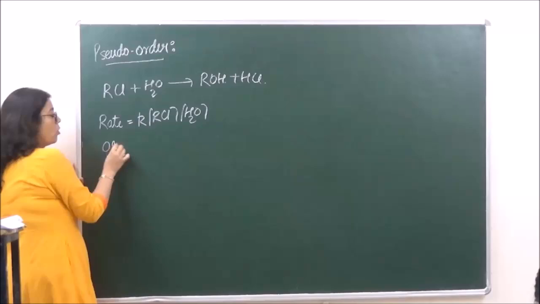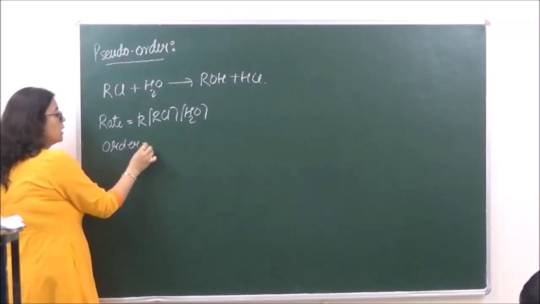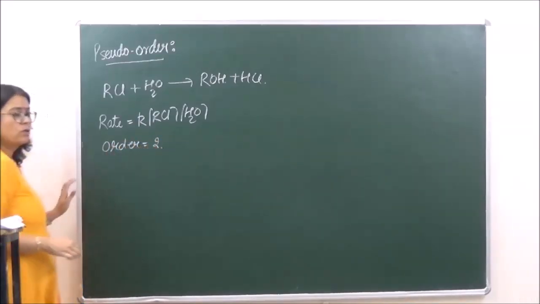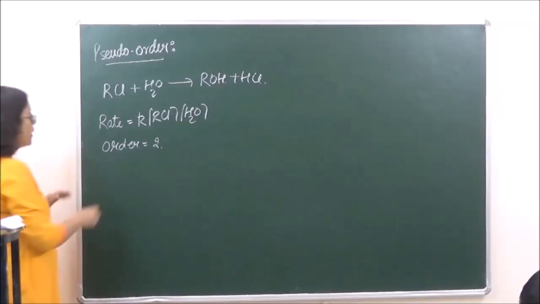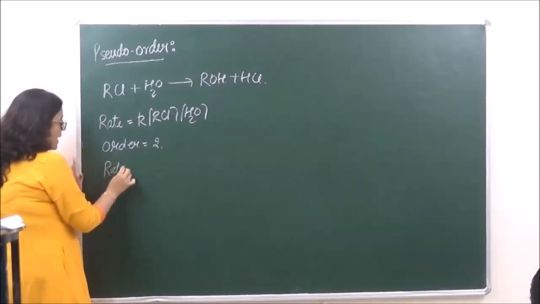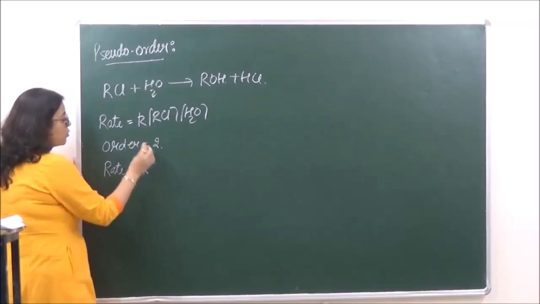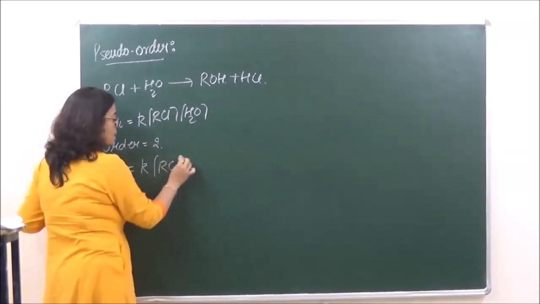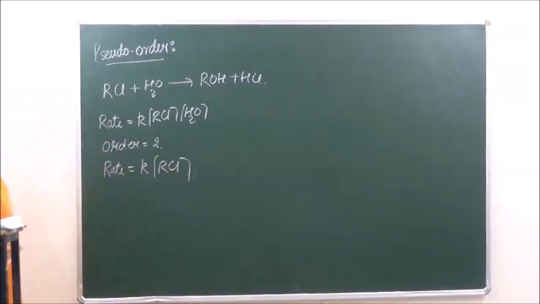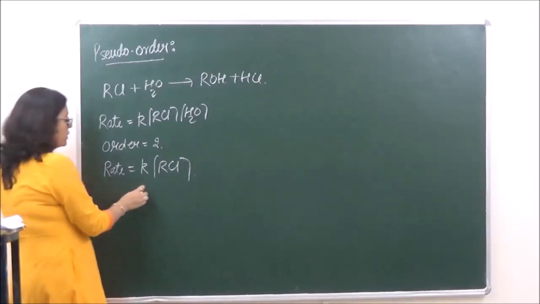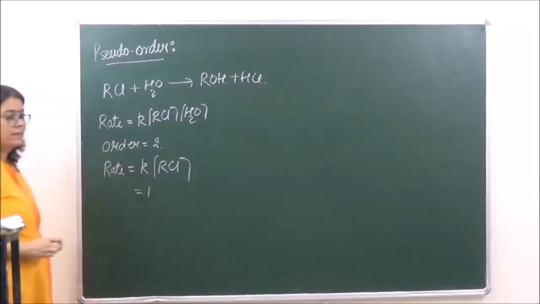The order of the reaction according to the above relation should be 2. But over here it is seen that the rate of the reaction only depends upon the concentration of RCl. Therefore, order of the reaction is 1.